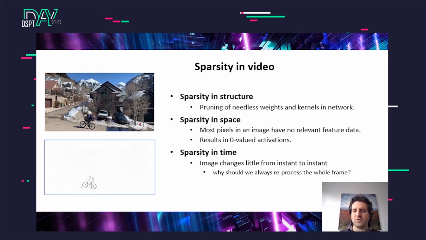There's a third type of sparsity, however, that is not really exploited in any traditional implementation of neural networks, which is sparsity in time. The image changes little from instant to instant, but to exploit that sparsity, you actually would have to compute the differences between images, one that comes after the other. And this, in fact, is what our brain does. When we are looking at a scene, our brain is not processing over and over the whole image.